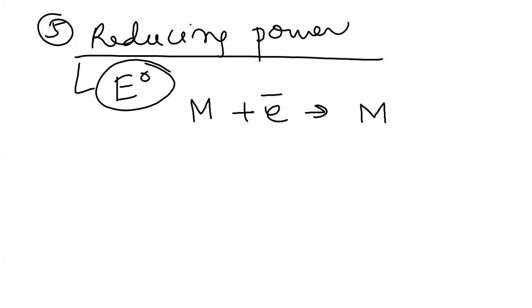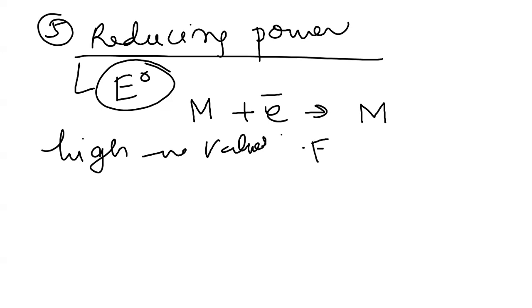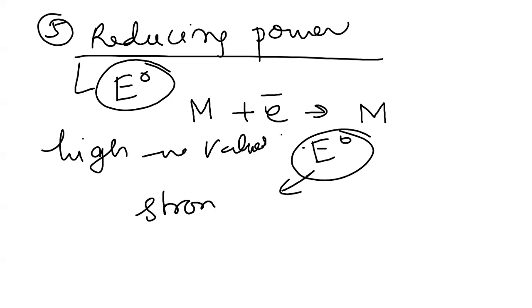So all the alkali metals have high negative values of E naught, negative values of electrode potential. It indicates a strong reducing nature.